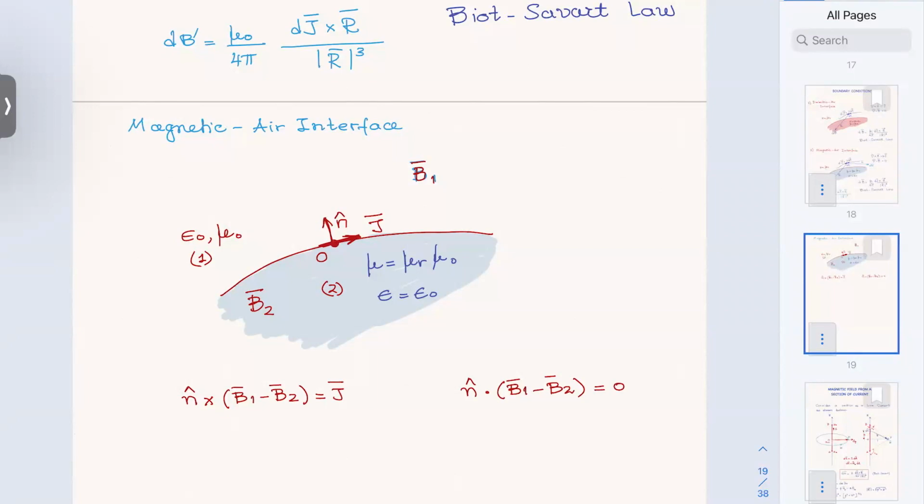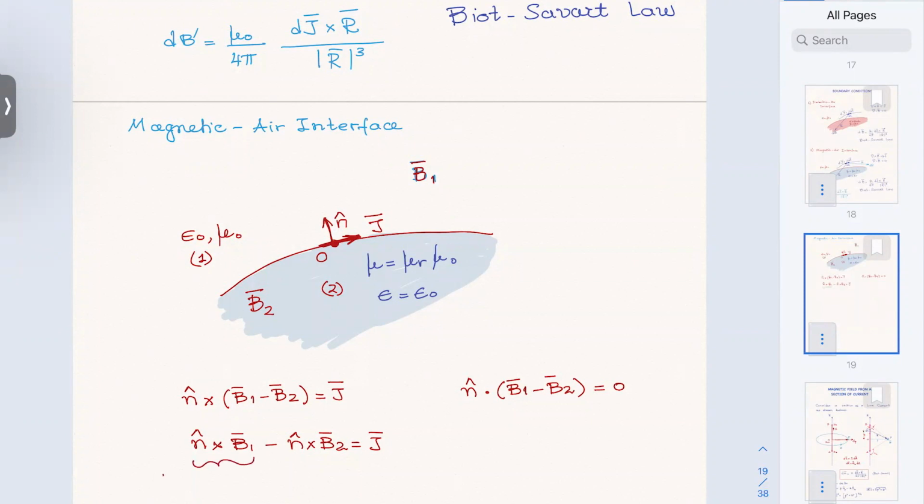So in other words, I could write here that N cross B1 minus N cross B2 equals J. So what is N cross B1?